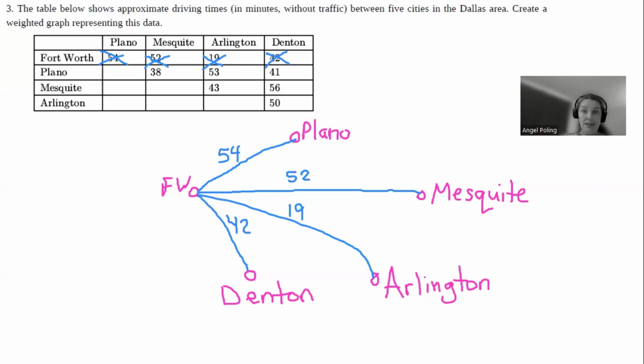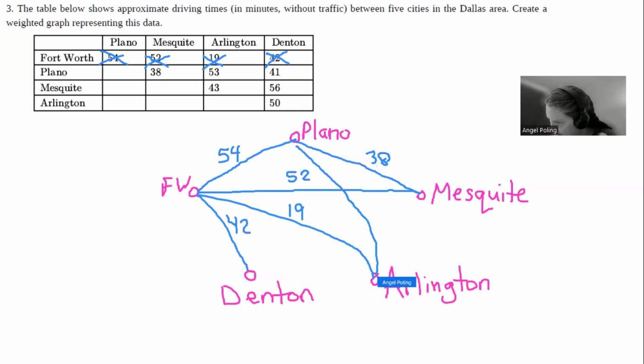Now we have Plano to Mesquite, 38. Plano to Arlington, 53. Plano to Denton, 41.